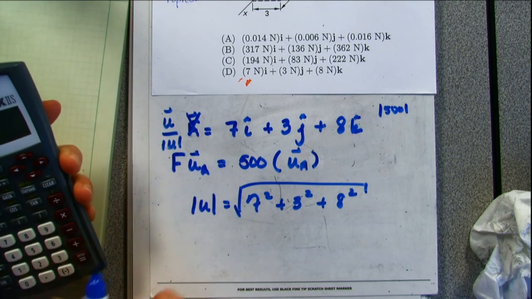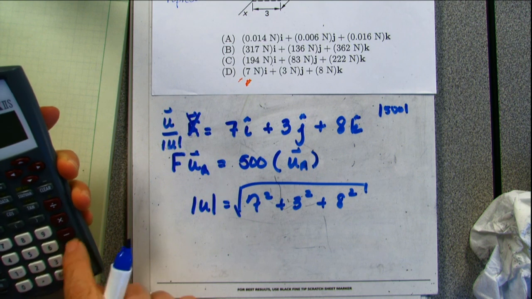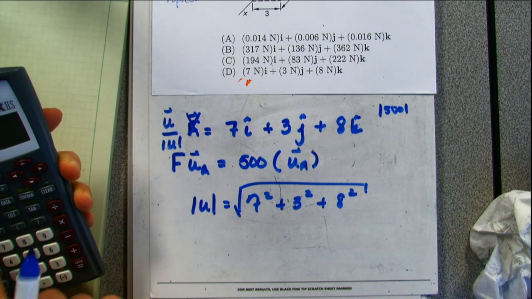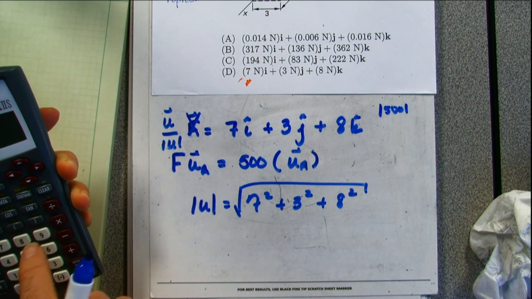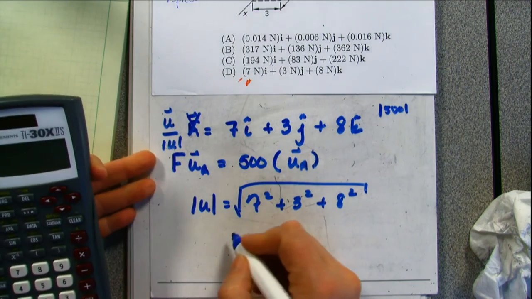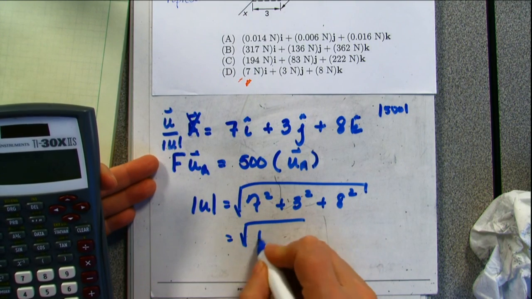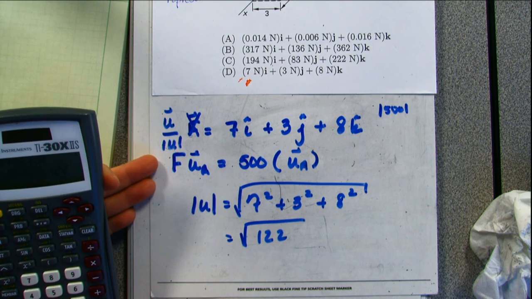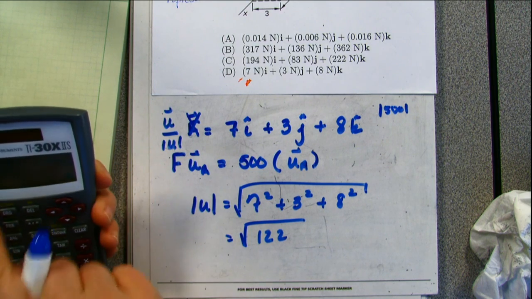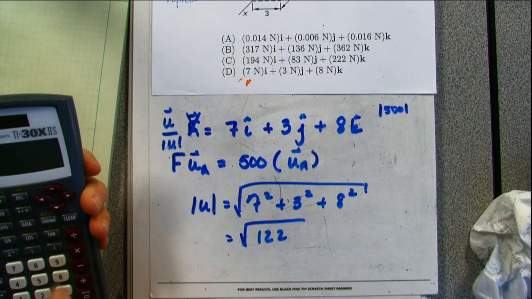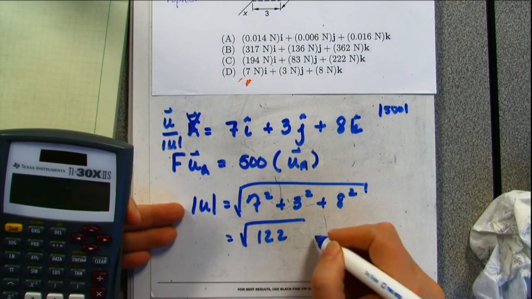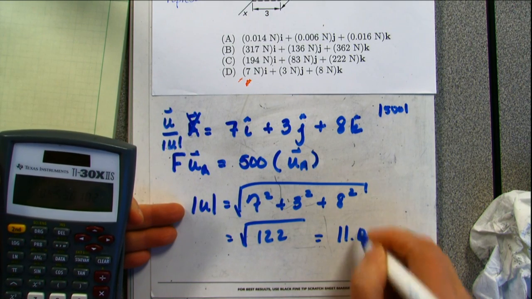That ends up being the square root of 122, if I've done that right, which is going to give me nominally something that's 11.0.